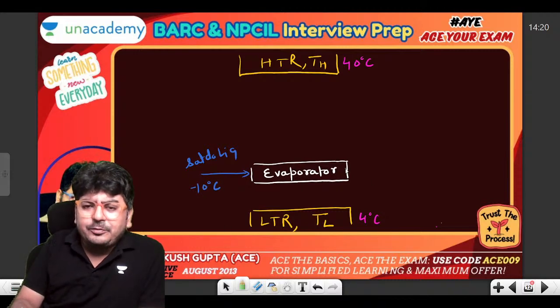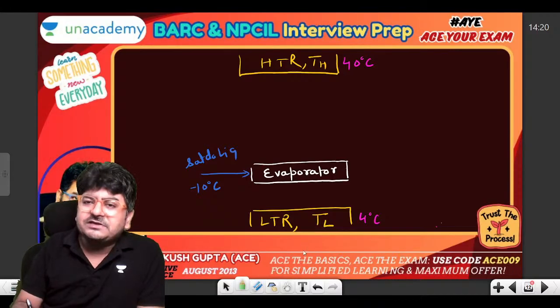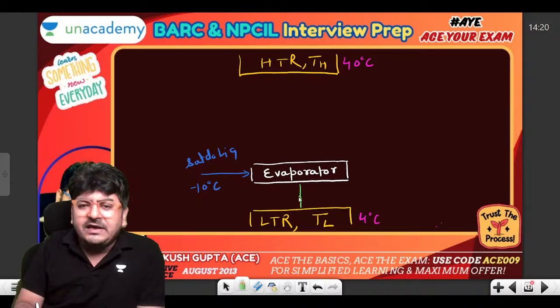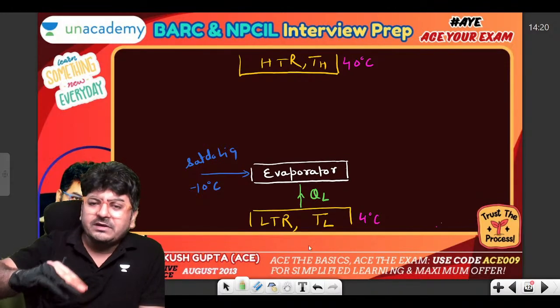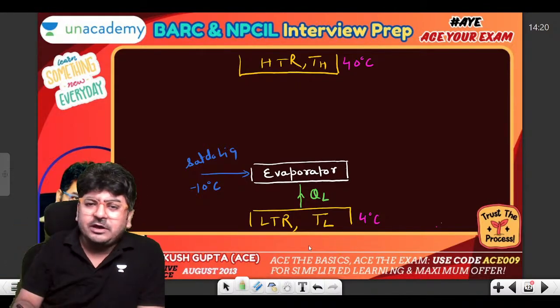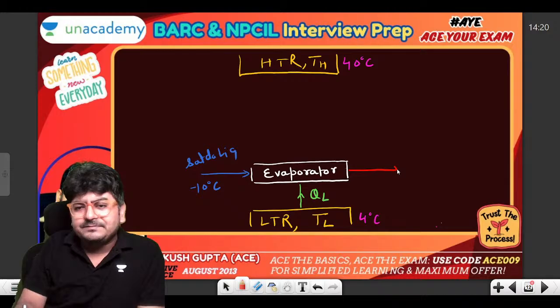When this evaporator is in contact with the low temperature region, naturally heat transfer will start, let's say QL, from the relatively higher temperature body at 4 to the low temperature liquid at minus 10. So this liquid will absorb this heat and get vaporized. It will become saturated vapors at the same temperature.